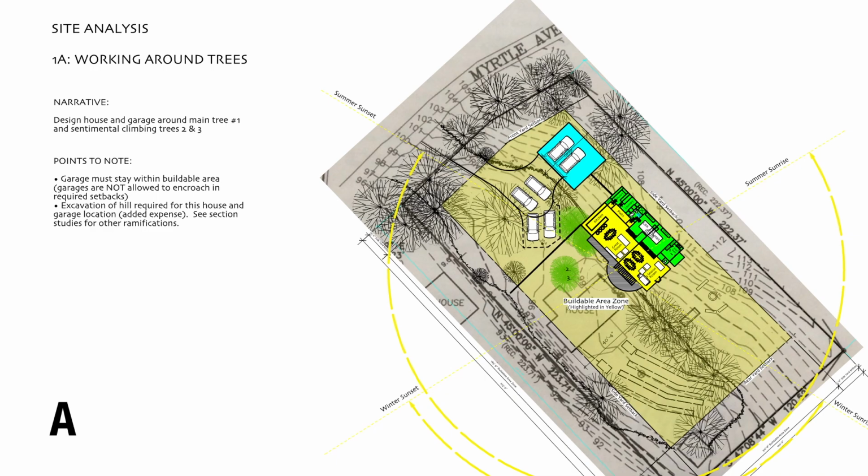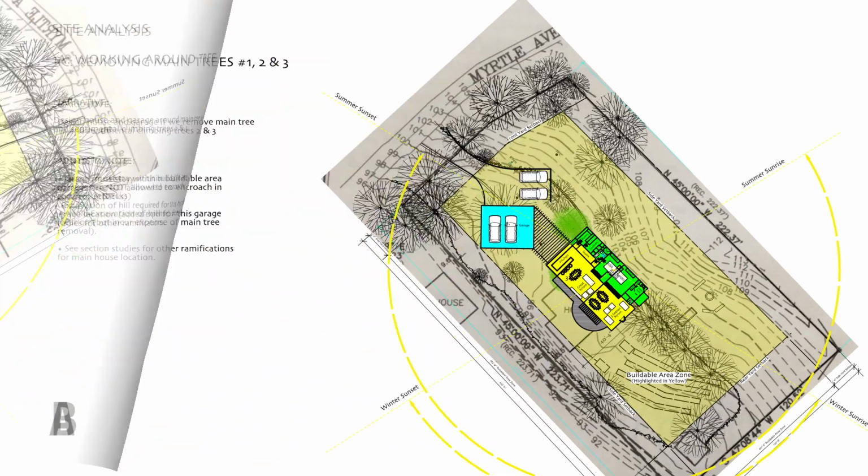For example, the first scheme A will probably show the house, in this particular project, nestled into the hillside of the property. We are proposing to put the garage here to the northwest and have a deck to the southwest. There's an existing septic system, and the new home is avoiding that area.